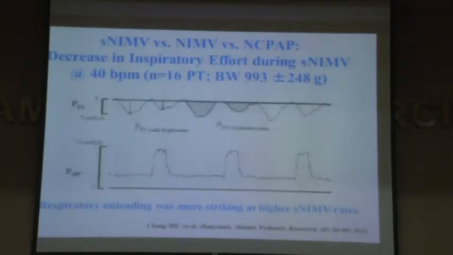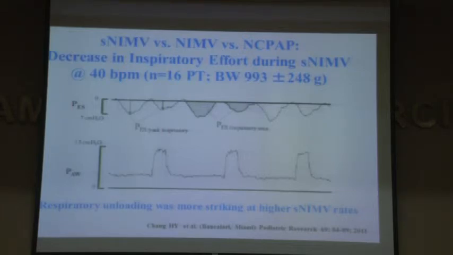This is a small study from the Bangalore group in Miami, where they looked at synchronized versus non-synchronized NIPPV versus nasal CPAP. They showed that at a rate of 40 breaths per minute, every time the machine cycles, the baby doesn't have to work hard. Respiratory unloading is much more striking if you use a higher rate during NIPPV.